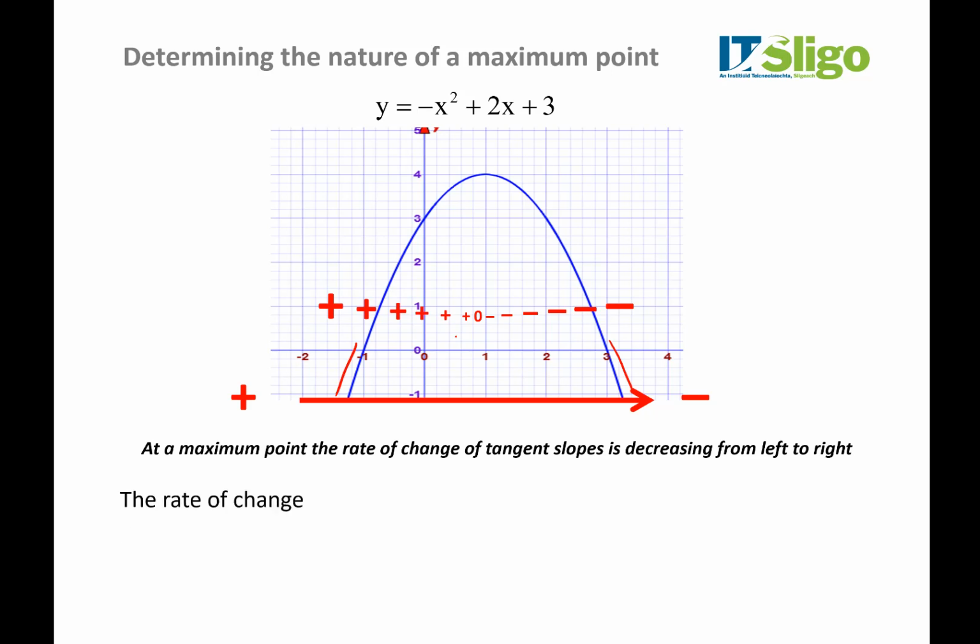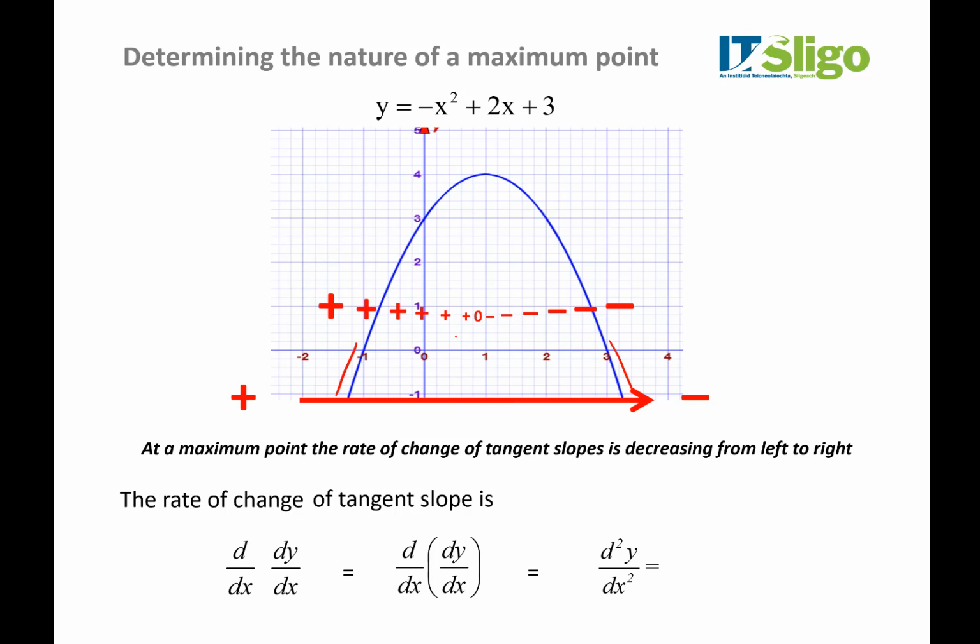And again, when we put it into formal language, the rate of change, d dx, of tangent slopes, dy dx, we multiply those out, and it's negative. Starts positive and then decreases down to negative.